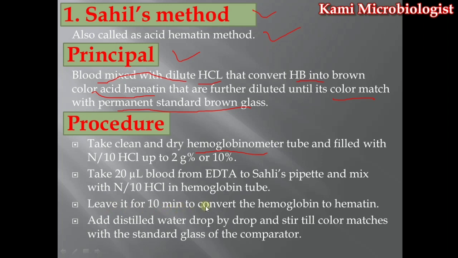In this way the hemoglobin will convert into hematin, meaning brownish color. After that we have to add distilled water drop by drop and mix it until the color of the blood mixture is matched with the standard glass of the comparator.